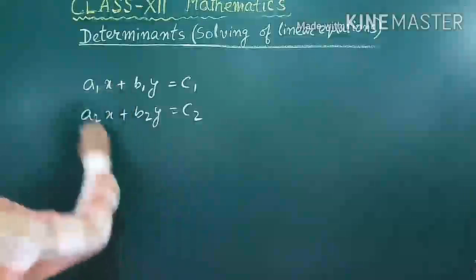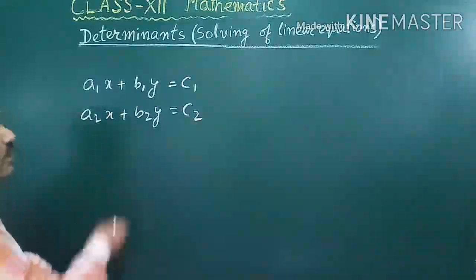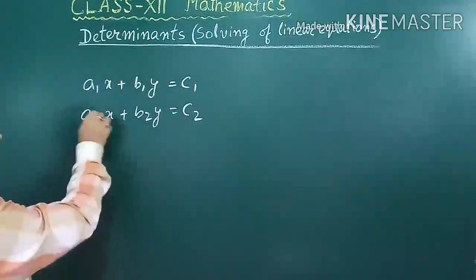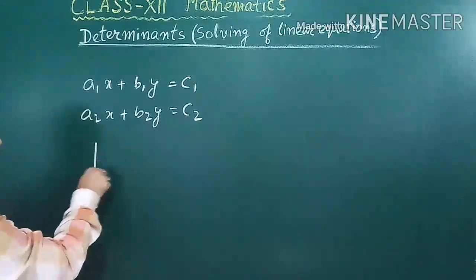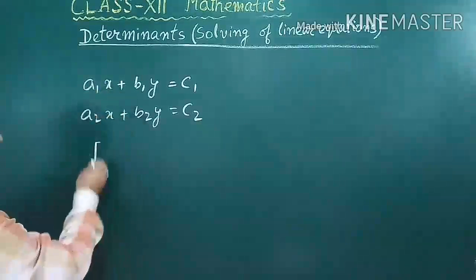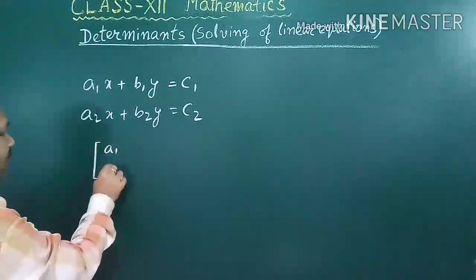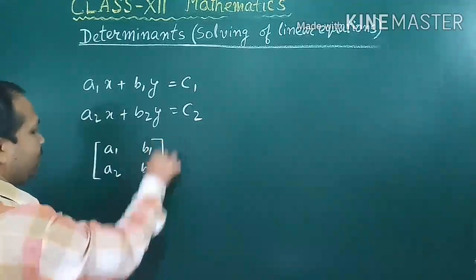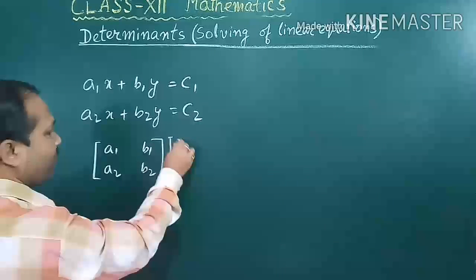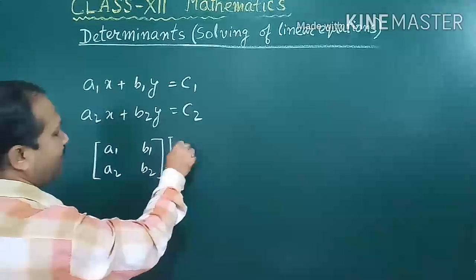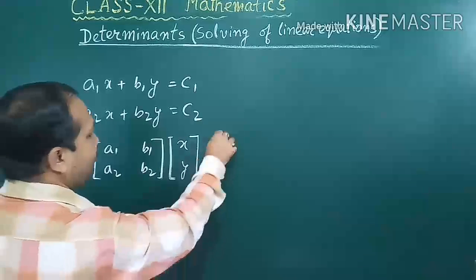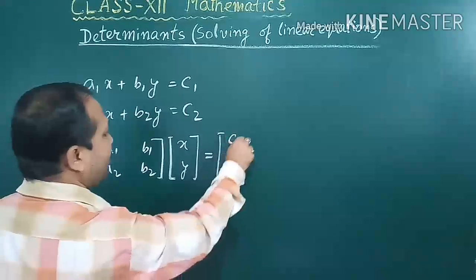So here the same system of equations, if we write using the matrix, then how can this be written? Look at that, I am writing the same system of equations. We are writing a1, a2, b1, b2 into, here what are the variables? x and y, and this is equal to c1 and c2.